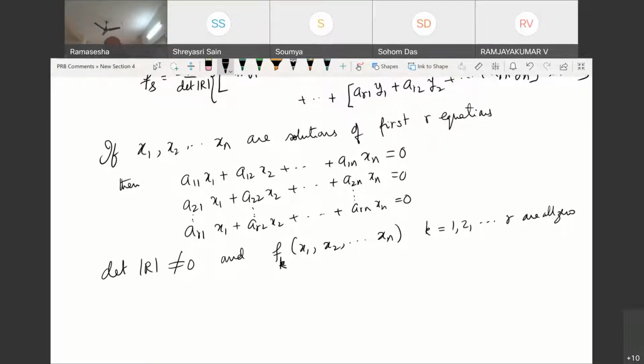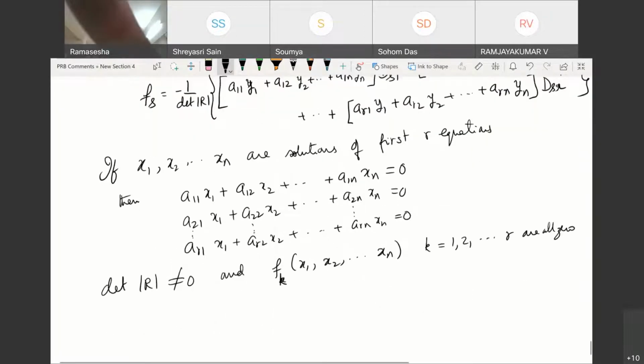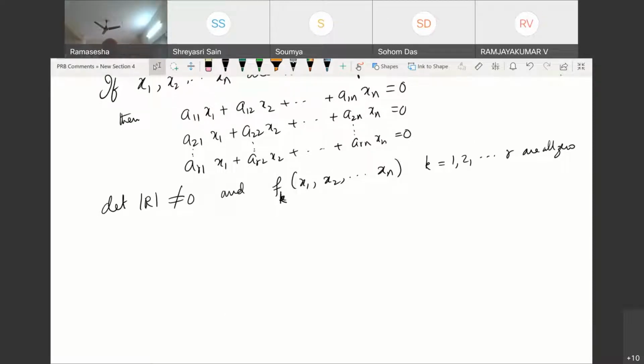Now you see f1 is 0, f2 is 0, fr is 0, if I substitute for y1, y2, yn the values x1, x2, xn. So each one of the cofactors f1, f2, fr are all 0, which means the right hand side is going to be 0. That is, fs is equal to 0.